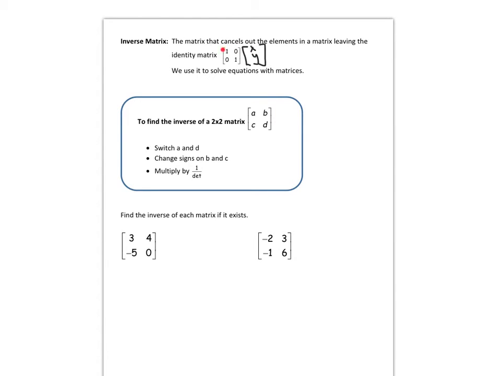For the bottom row, 0 would go with the x, 1 would go with the y, so that would just be y. It basically causes the matrix to vanish, same as we add to undo subtract, or we divide to undo multiply. We do an inverse to undo a matrix.